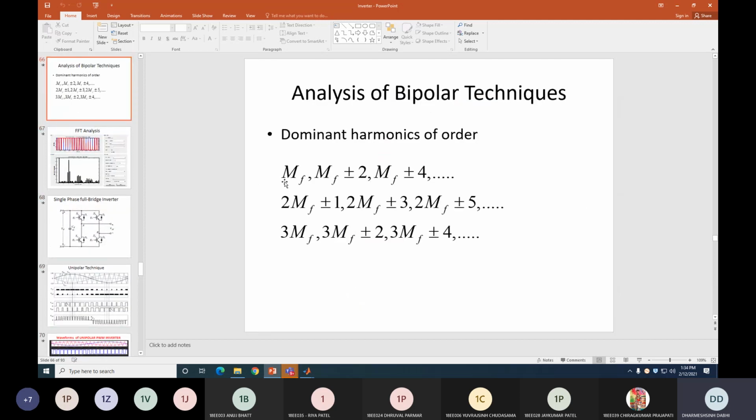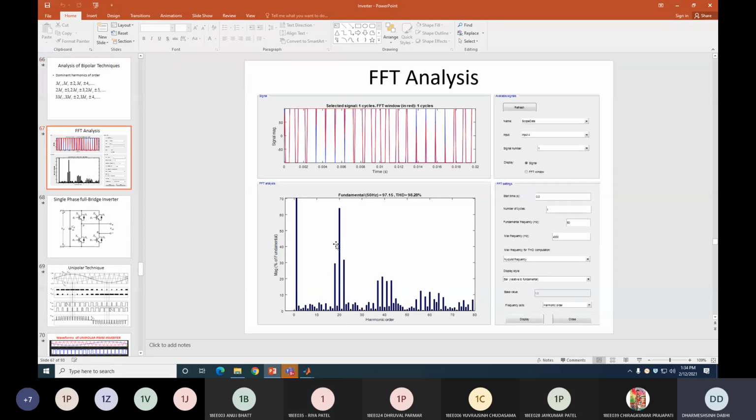Here we take MF the same because the carrier frequency is 1000. Yes? Sorry? 20. Yes, 20 is the first dominant harmonic, then MF plus minus 2, which means 18 and 22. So as the frequency order decreases, does the size of the filter increase or decrease?